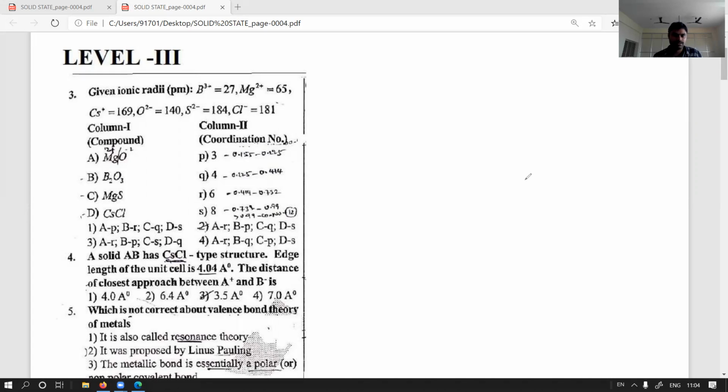See what they gave: the radius of cation and anion. According to that, we have to find the coordination number of the given compound. So for this case, we need to remember the radius ratio of cation and anion values and the coordination numbers.